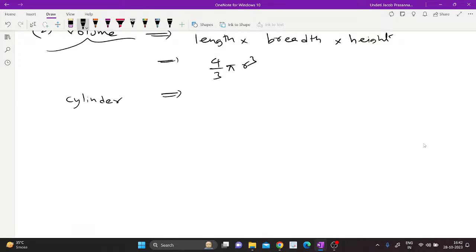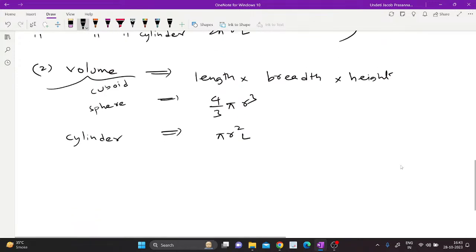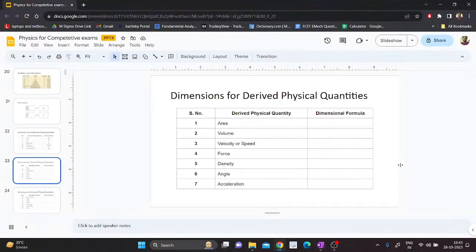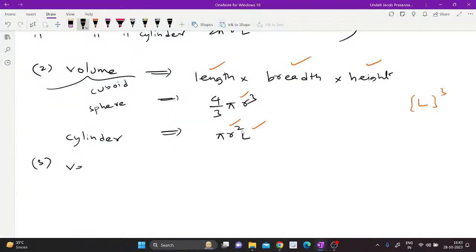For a cylinder, it is pi r square L. So you are going to observe that the dimensional formula for volume is L cube. Fine. Similarly, let's take velocity.